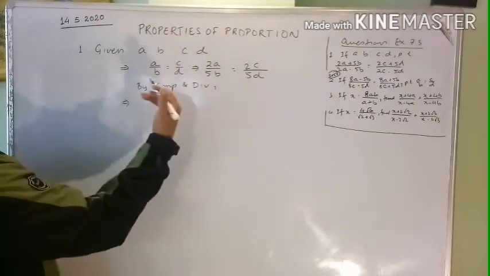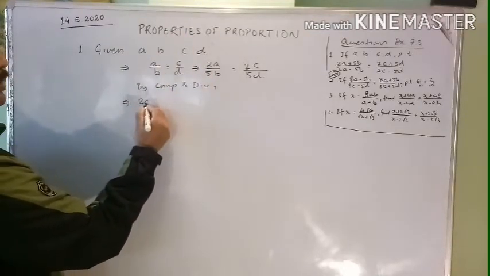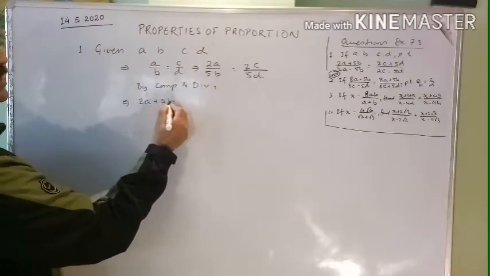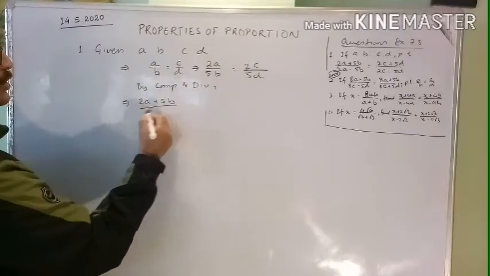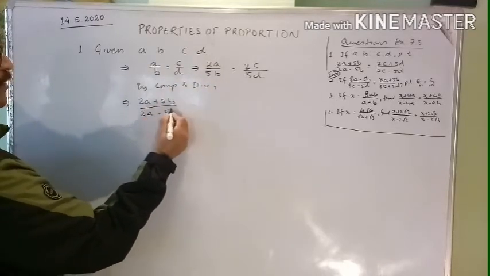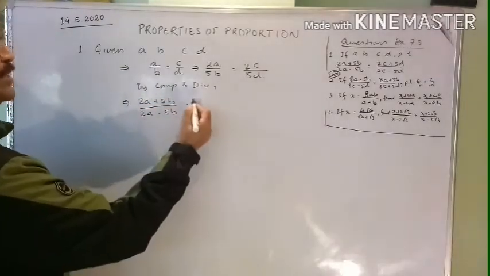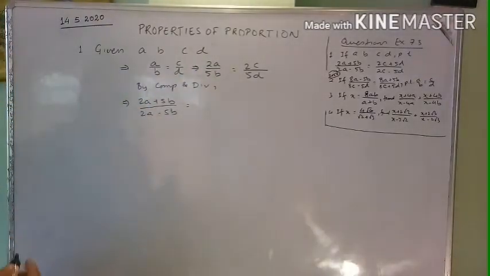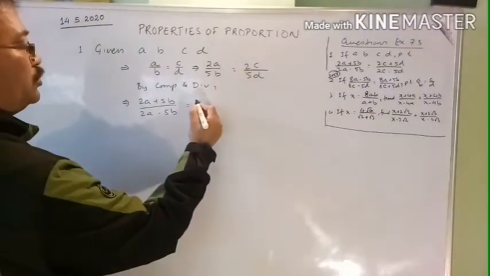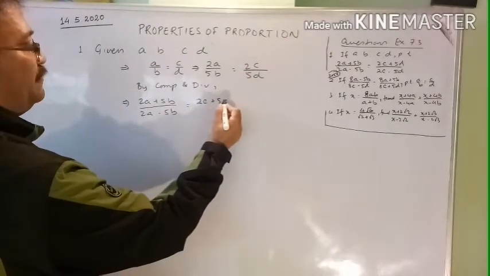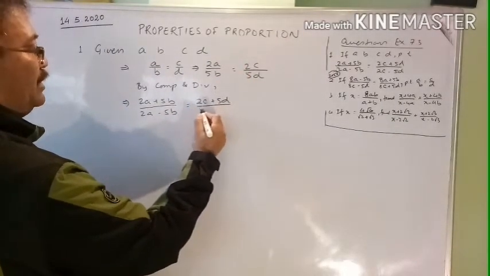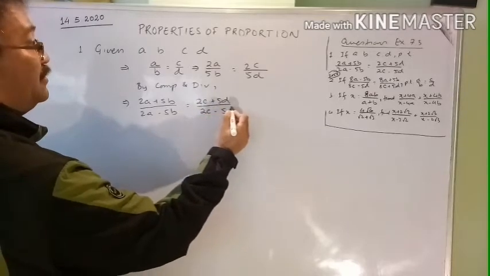Remember, add, subtract. So 2A plus 5B, you add in the numerator, 2A minus 5B, subtract in the denominator. Terms will be same. Same thing in the RHS, you have to do on both sides. So twice C plus 5D divided by twice C minus 5D.